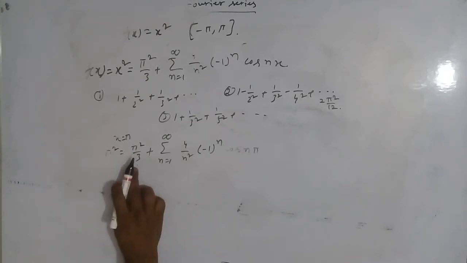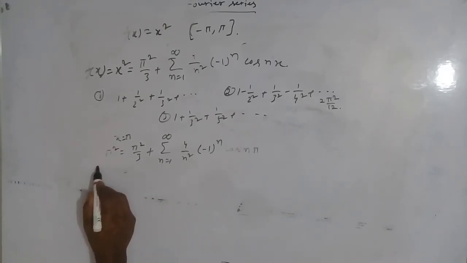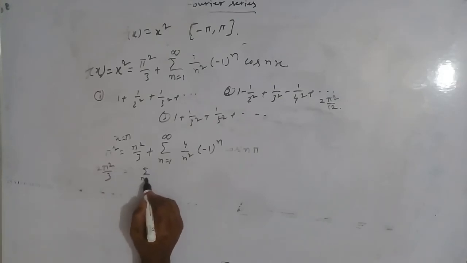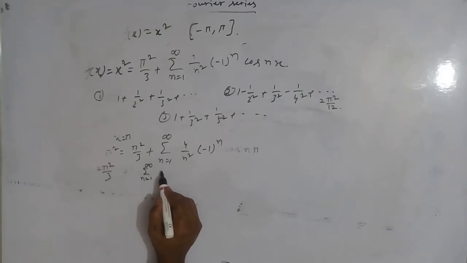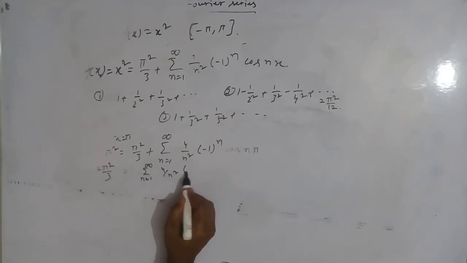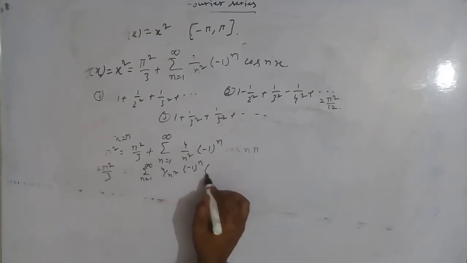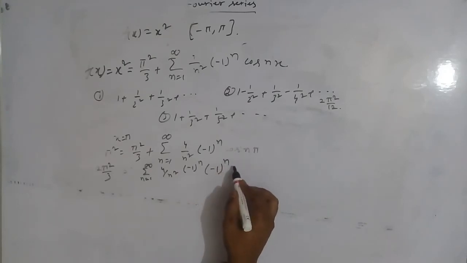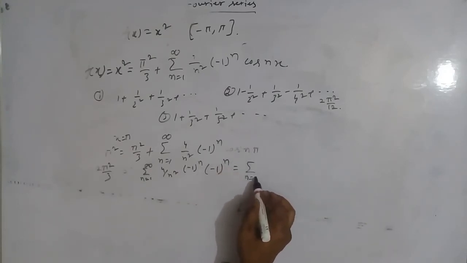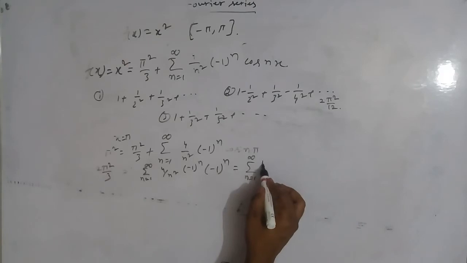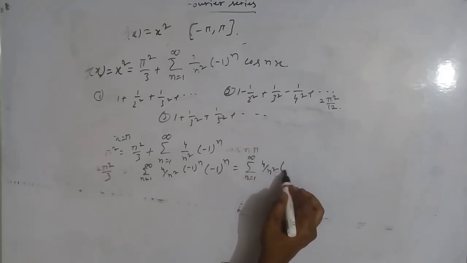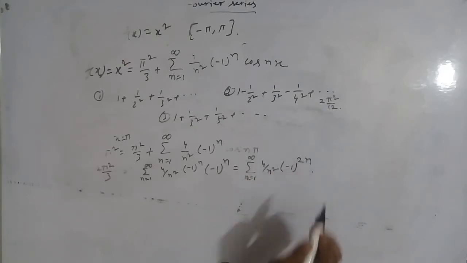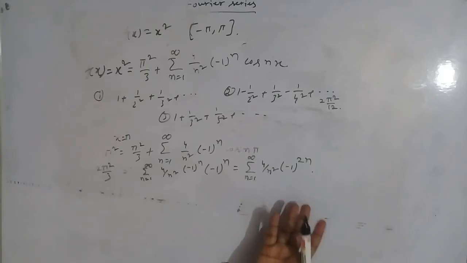Pi square by 3 is transferred to the left hand side, so this will be 2 pi square by 3 equal to summation n equal to 1 to infinity 4 by n square minus 1 to the power 2n, so this will be plus 1.